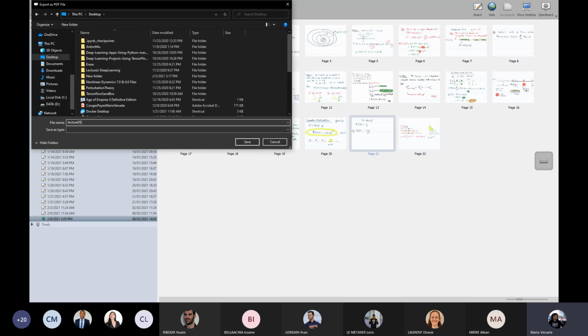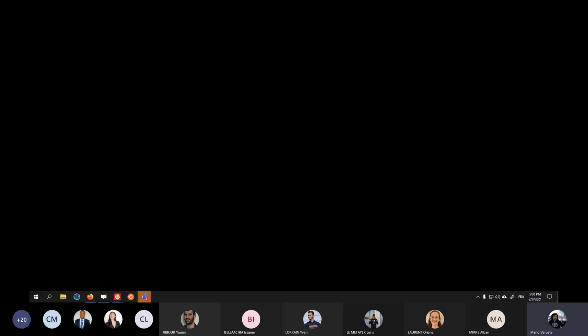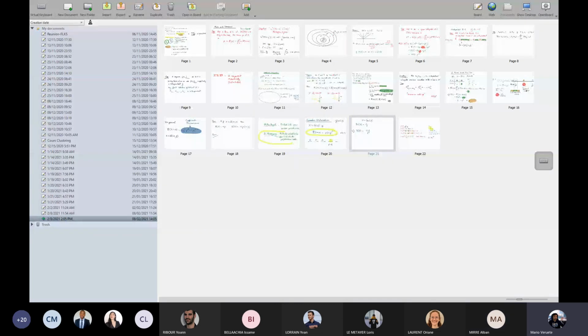Data engineering.pdf. Save as PDF on the desktop. Okay, 22 pages. And I don't remember if we have a Teams group. Do we have a Teams? Yeah. Where? Energy Lab, it's not that one. Recherche, 4 APP. Promotion. Yeah, basics of probability and statistics.